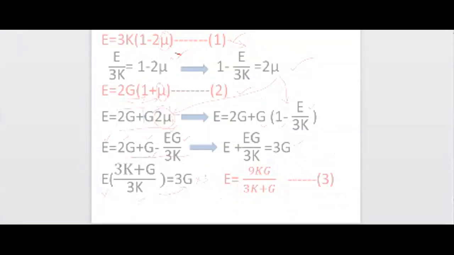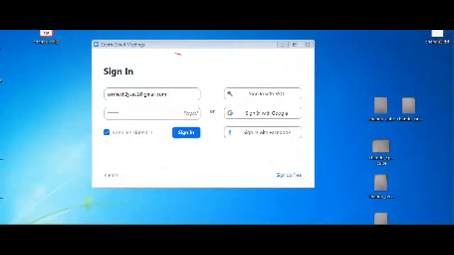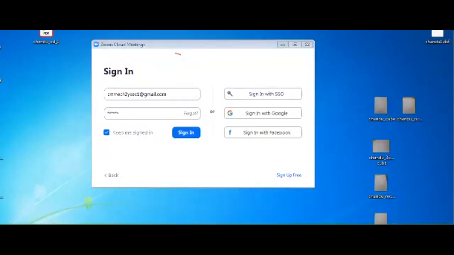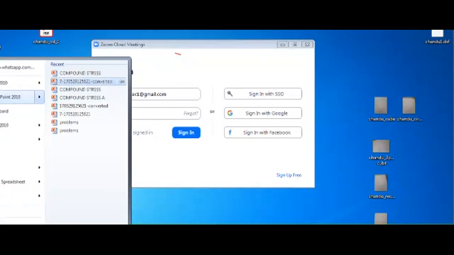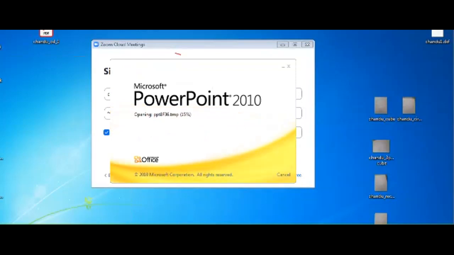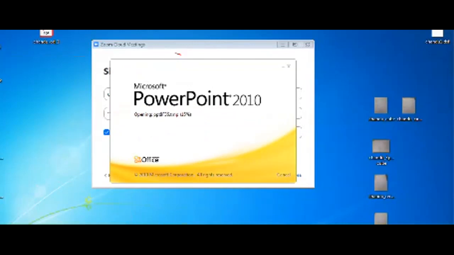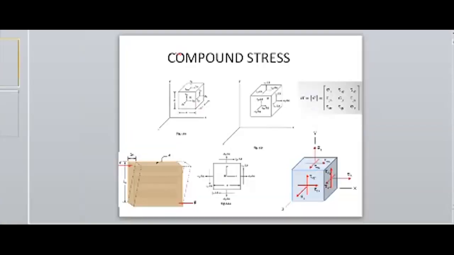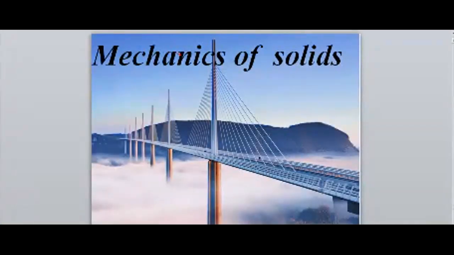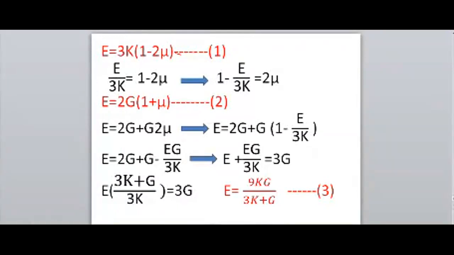And the second equation is a shear modulus equation.